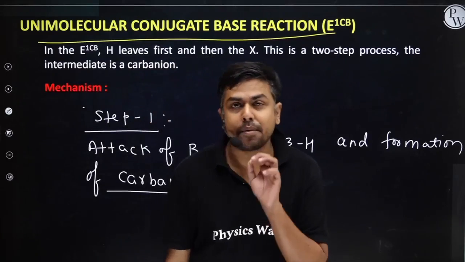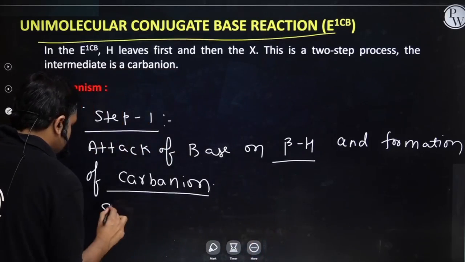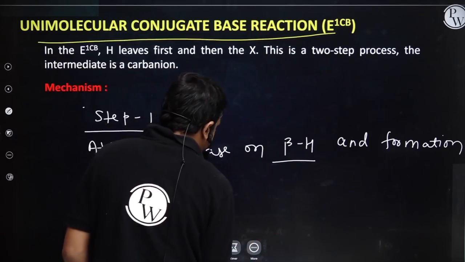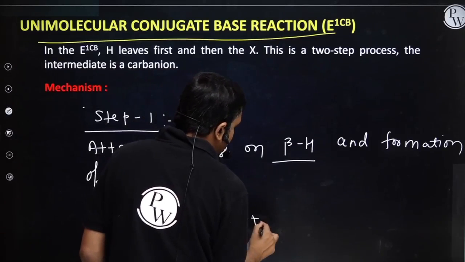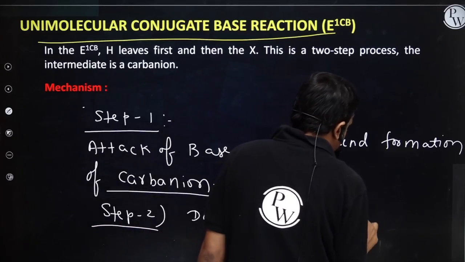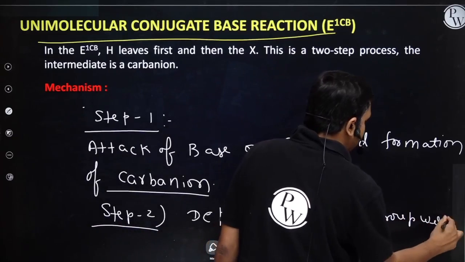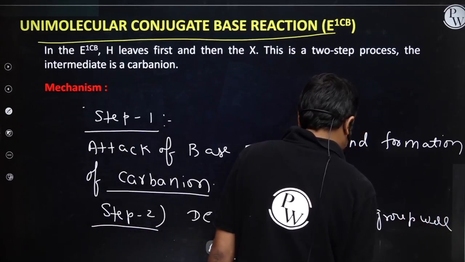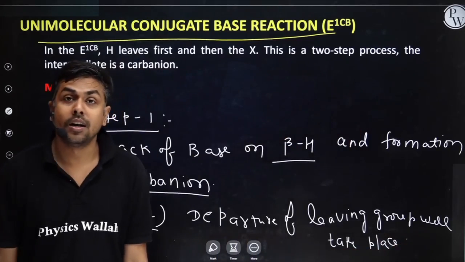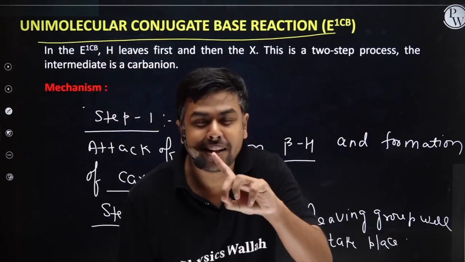Formation of carbanion. Now in the second step, step 2, departure of the leaving group will take place. If the E1CB reaction has to occur, the beta hydrogen has to be more acidic.